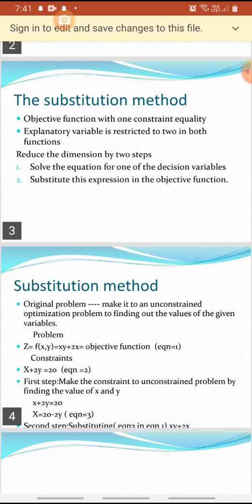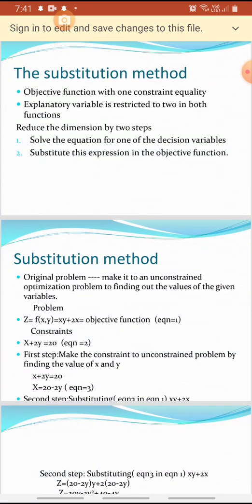We reduce the dimension in 2 steps. Under this method there are only 2 explanatory variables, one in the objective function and one in the constraint. So we are going to find the steps under the substitution method.